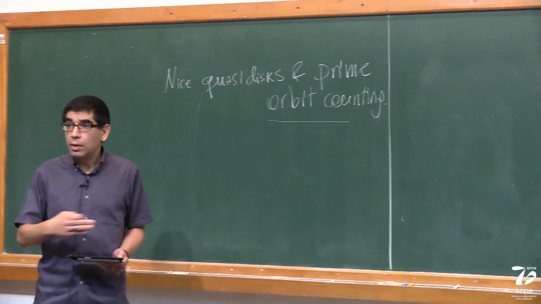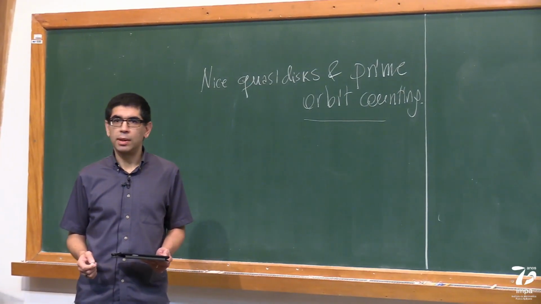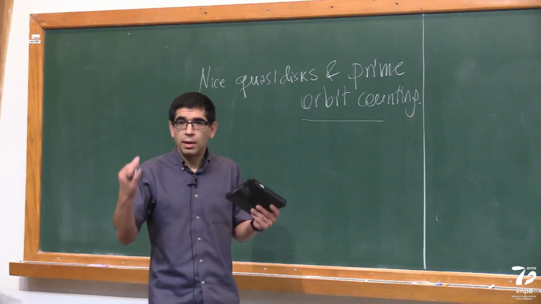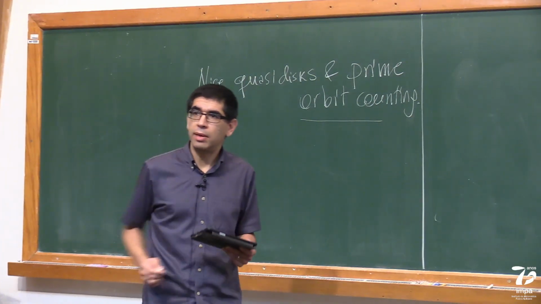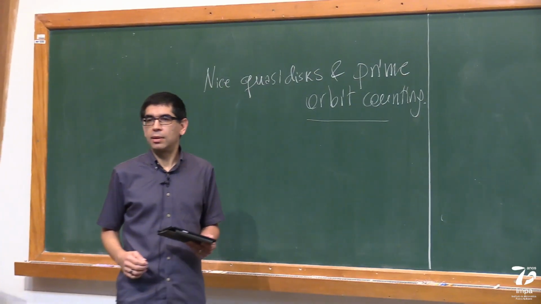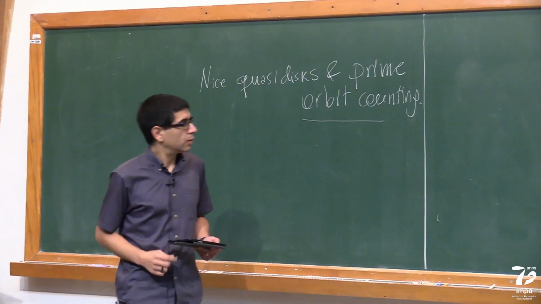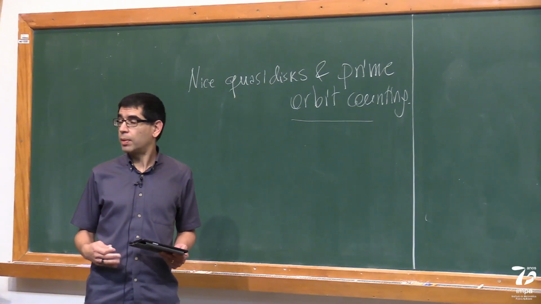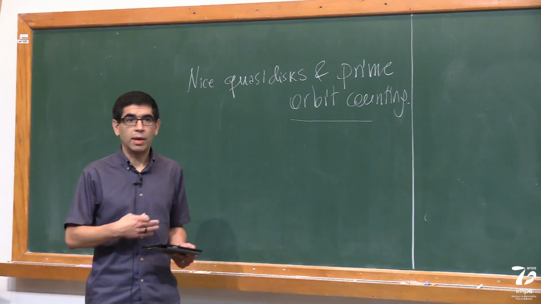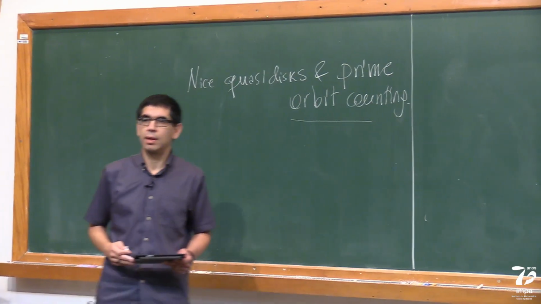And you want to count the number of periodic points that are less than or equal to a given cutoff. And the theorem of Oh and Winter is that for uniformly hyperbolic maps, you have a very similar type of estimate.